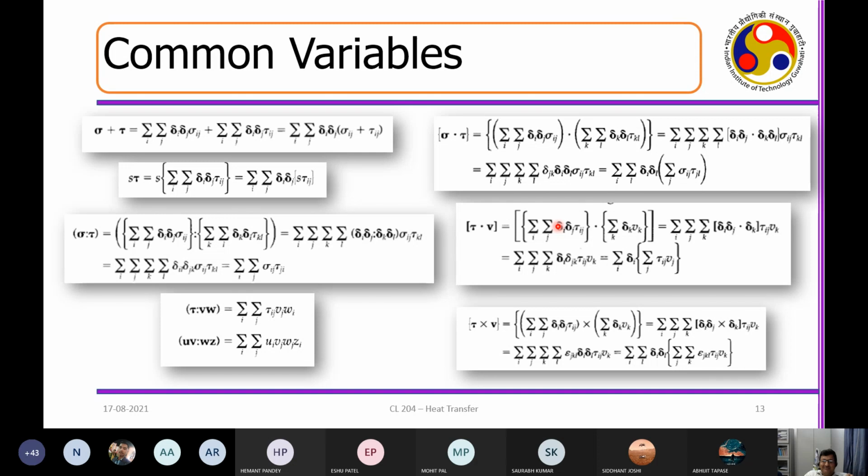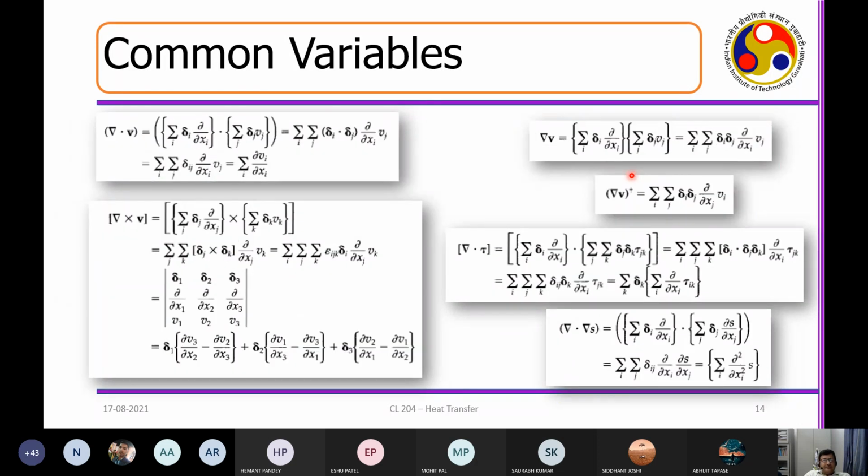And ei remains. So ei dyadic em means it is going to remain as a tensor, right? So if you take a dot product of a tensor with a vector, you will get a vector. If you take a cross product with a vector, you are going to get a tensor. If you take a dot product between two tensors, you are going to get a tensor, right? So you can see that a lot of permutations and combinations are possible here.